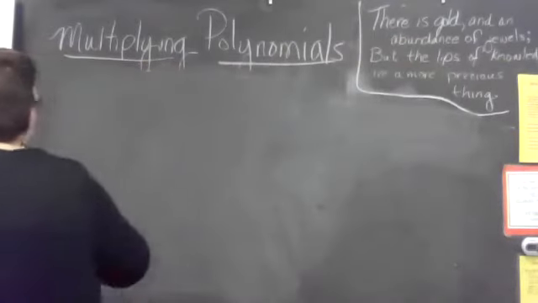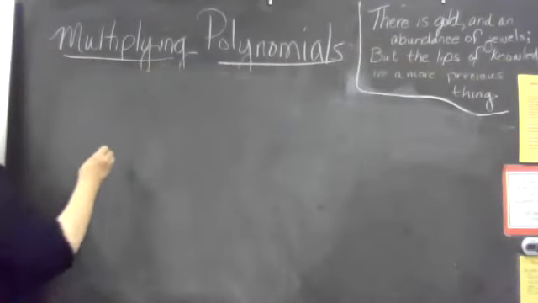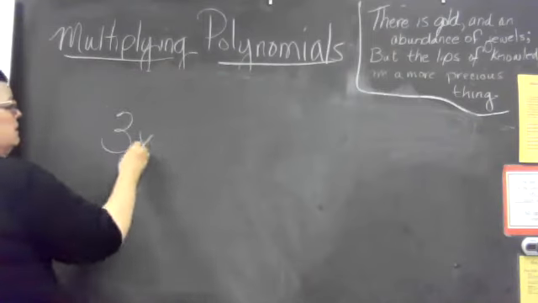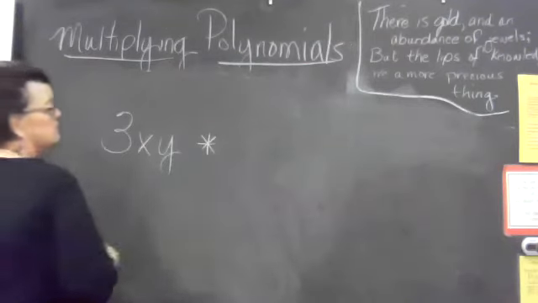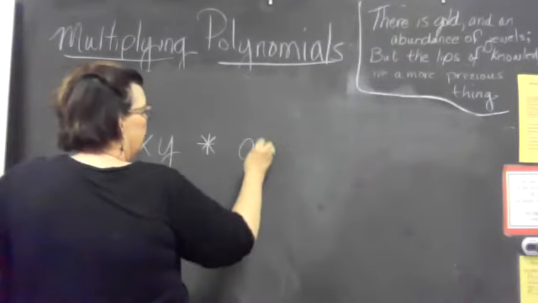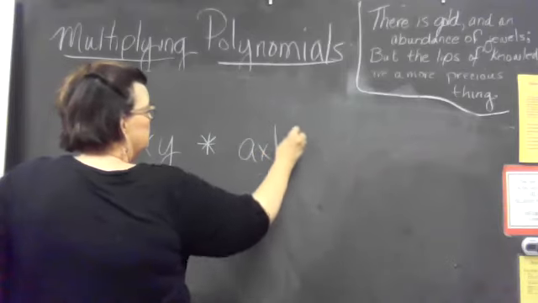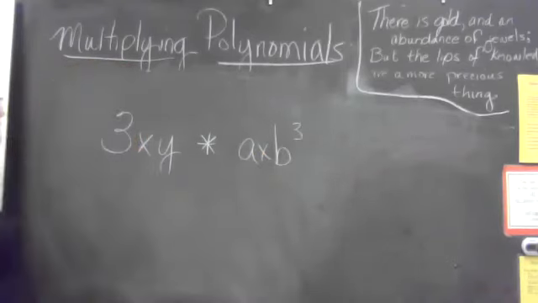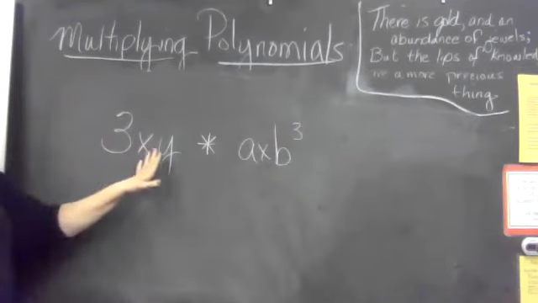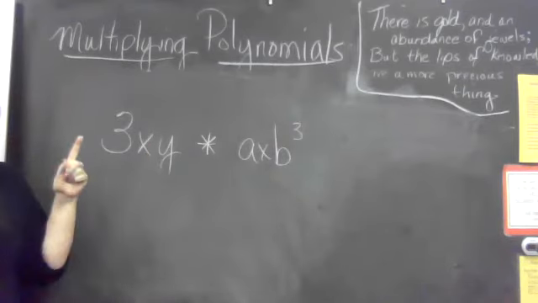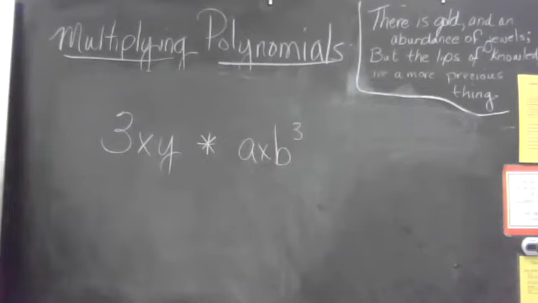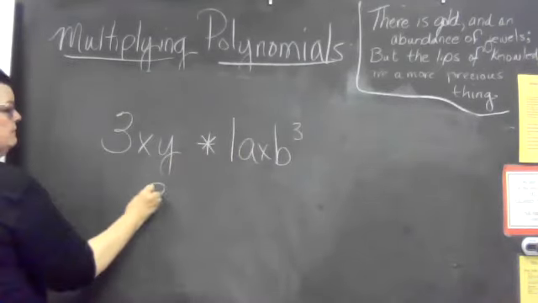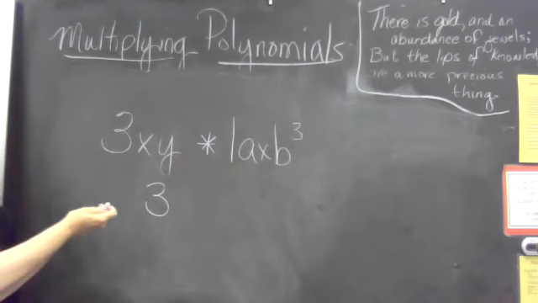This isn't off your worksheet, but I want to make sure that you understand this. If I have 3xy times ab, okay, maybe I have this. Now these don't look like common terms, but again, you don't have to have common terms when you're multiplying. So your answer here, there's the invisible 1. You'll take your 3 times 1. And then I like to go in alphabetical order.